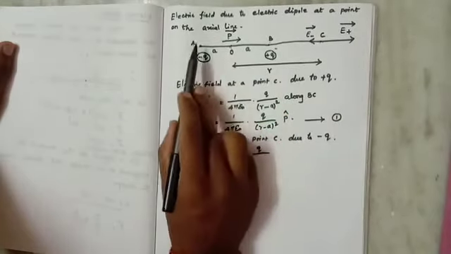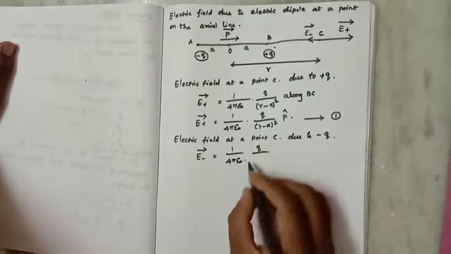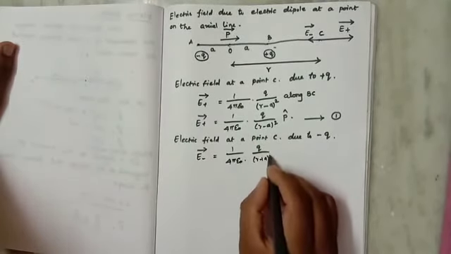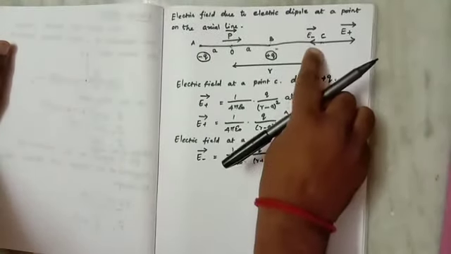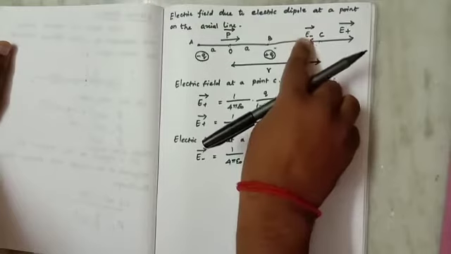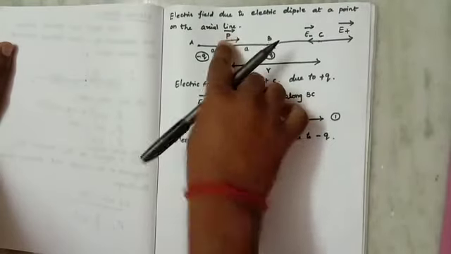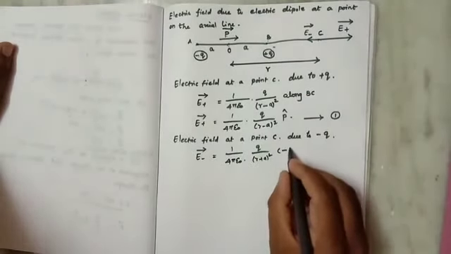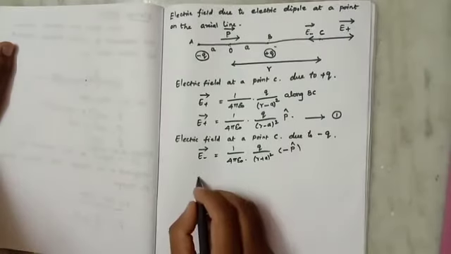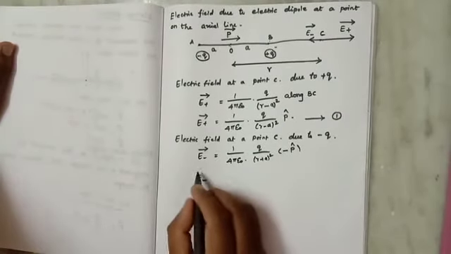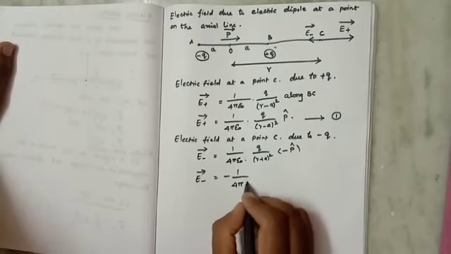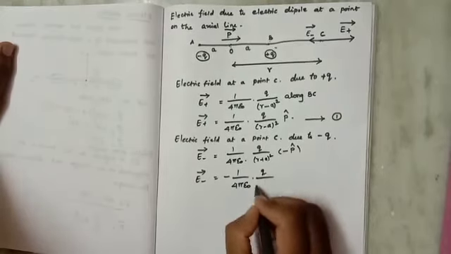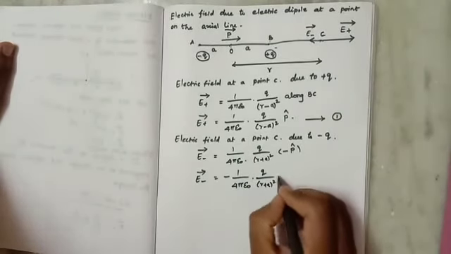From the midpoint the negative charge is placed at a distance a, so we can write (r plus a) whole square. Here the direction is opposite to the electric dipole moment, so we can write minus P cap. In the next step, the electric field due to the negative charge is equal to minus 1 divided by 4 pi epsilon naught, q divided by (r plus a) square, P cap.